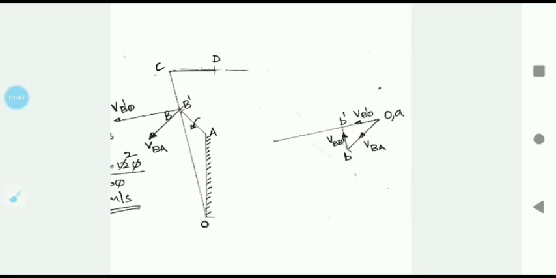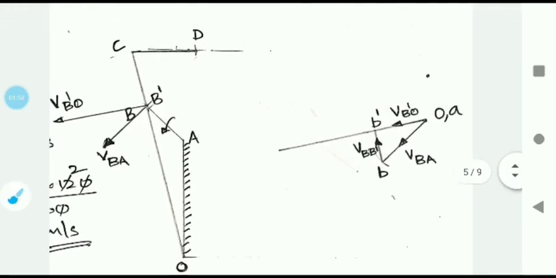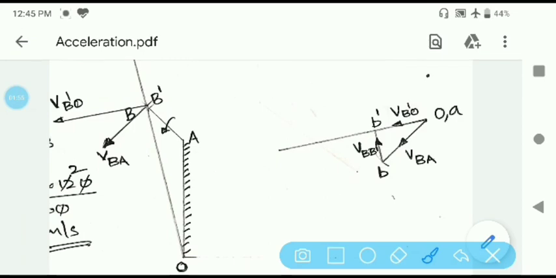Okay, so that represents this line, the line B prime, which will represent the relative velocity of point B relative to B prime. That will be the translational motion.